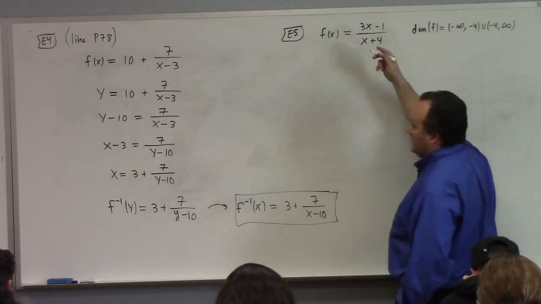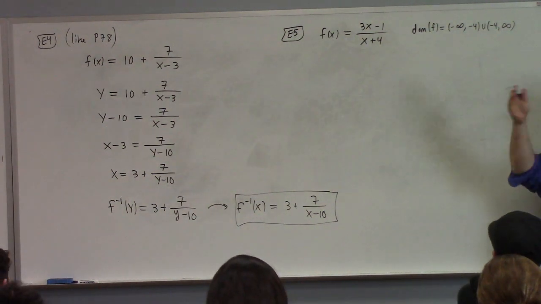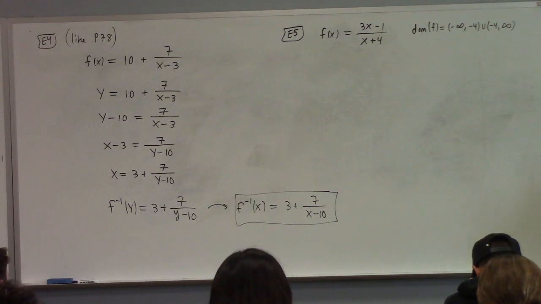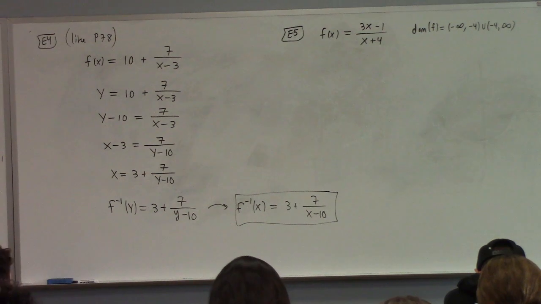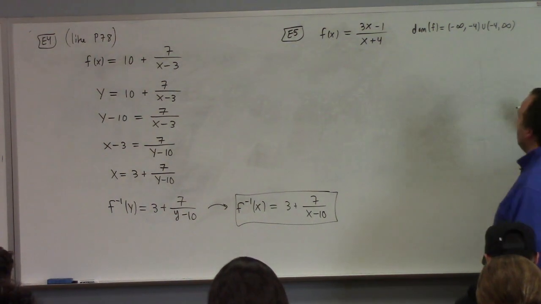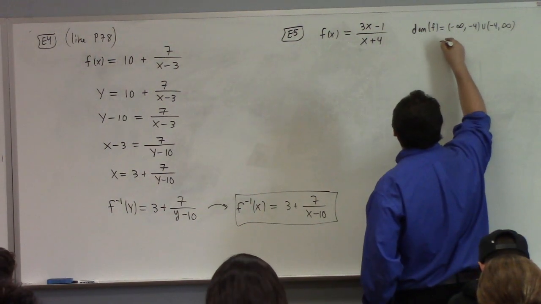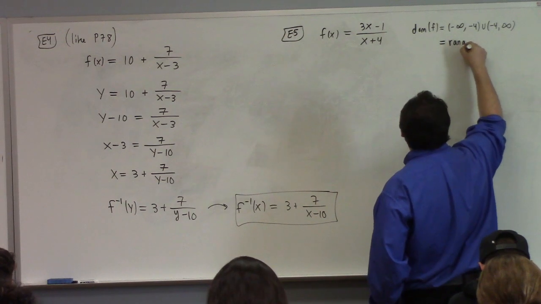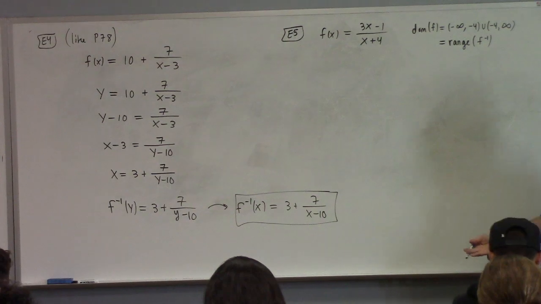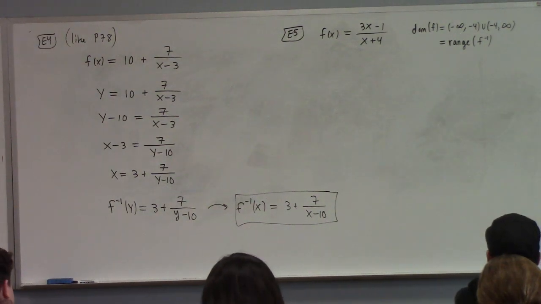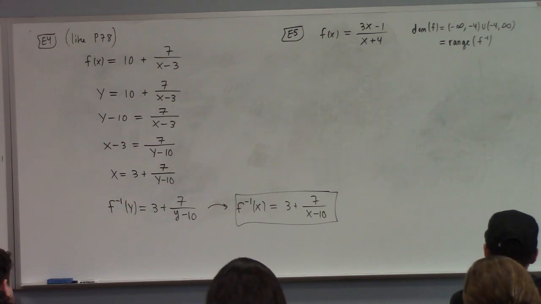In other words, the domain is all x except negative 4, because that's where we've got division by 0, right? And so that is going to be equal to the range of the inverse function. I don't even know the formula for the inverse function yet, but guess what? That's its range.